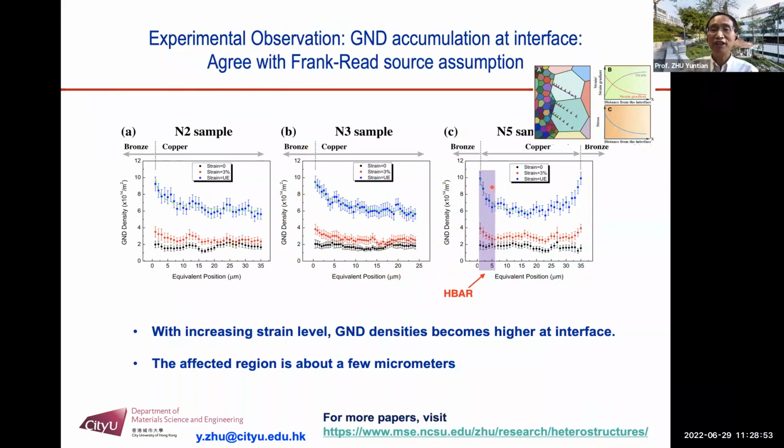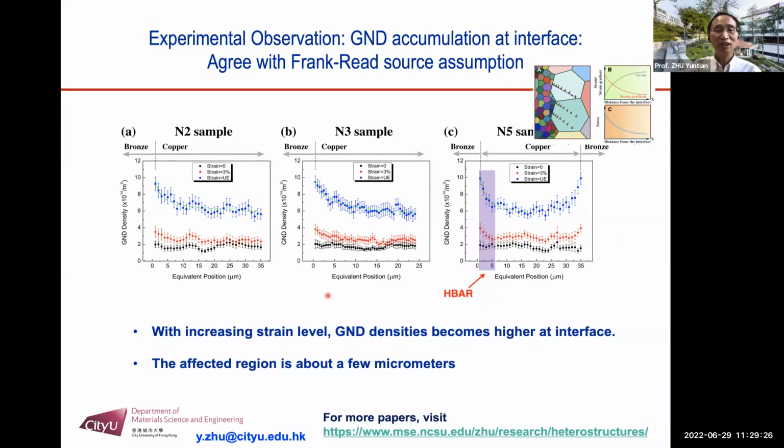Then we measured the GND density as a function of distance from the boundary in this sample. And we found, yes, indeed, there is a non-uniform distribution. There's a density gradient. There's a boundary thickness within which this density gradient exists. We call that the heterozone boundary affected region, because this is the region affected by the boundary.